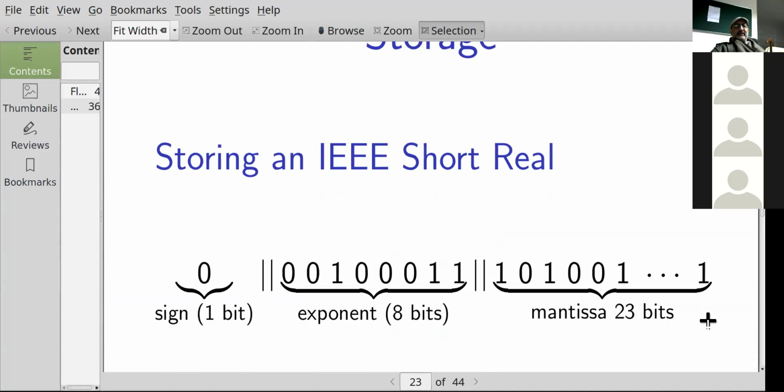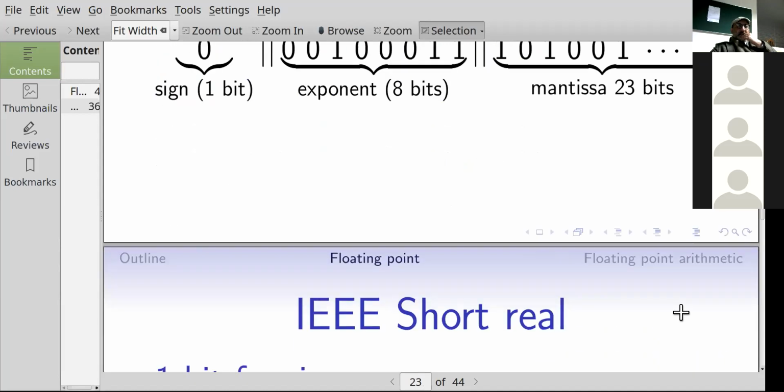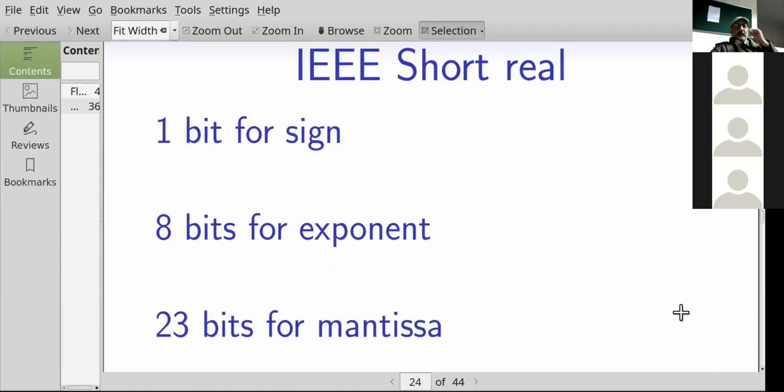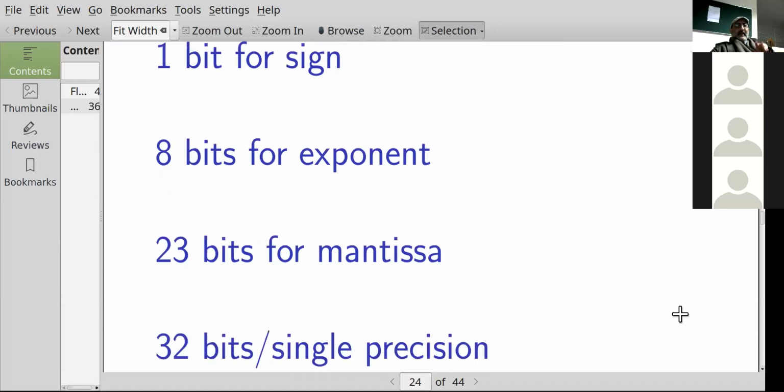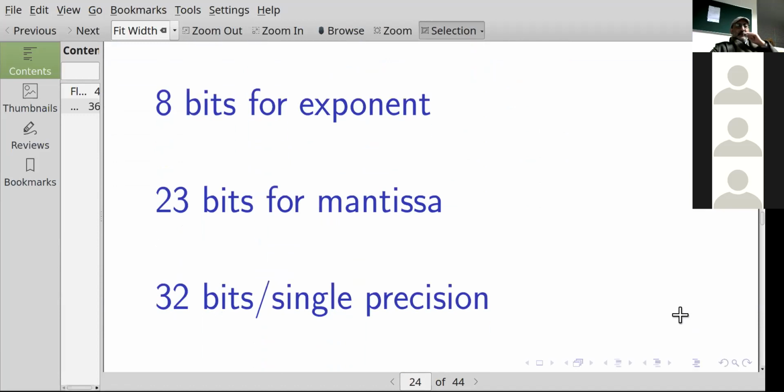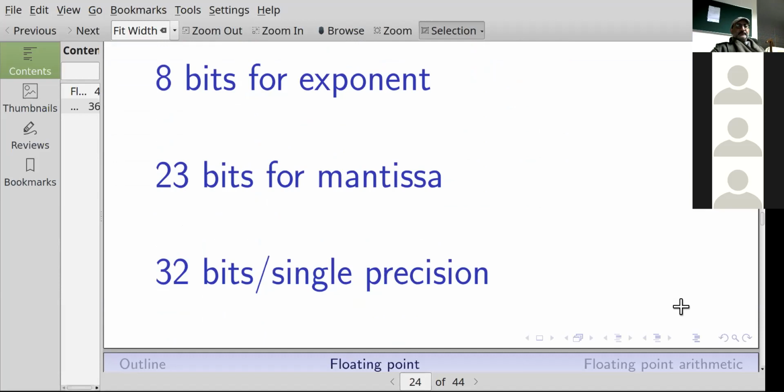And then we have a mantissa, and we allow 23 bits for the mantissa. So that's in general how an IEEE short real number is stored. So 1 bit for the sign, 8 bits for the exponent, and 23 bits for the mantissa. So that's up to 32 bits. We also use the phrase single precision for this format.